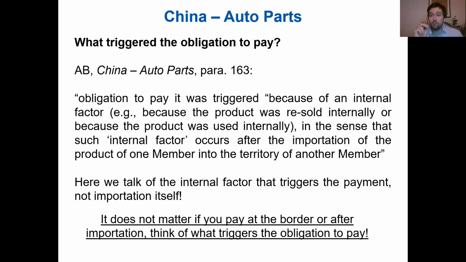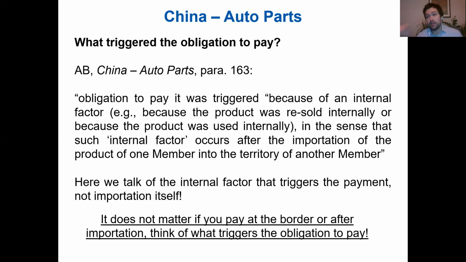There can be border charges that are paid when the product has already been imported. So, for instance, it can be the case that customs authorities permit you to import the product under the domestic customs legislation, and then you can resell it already 10 times, but you are still under an obligation to pay the customs officials.